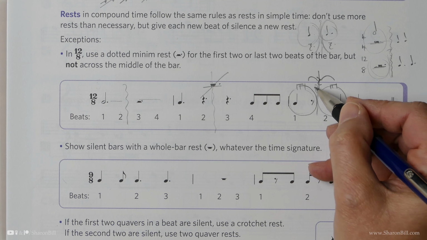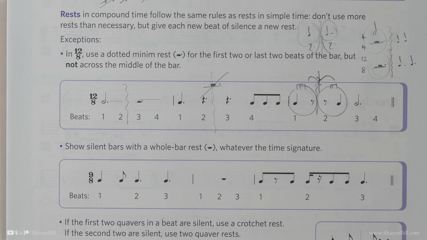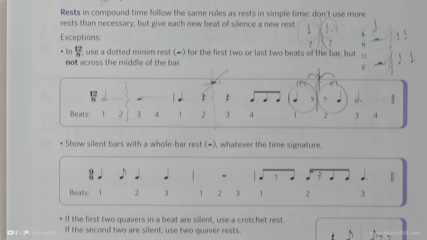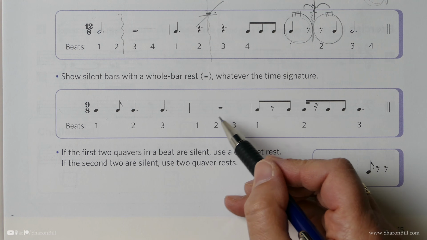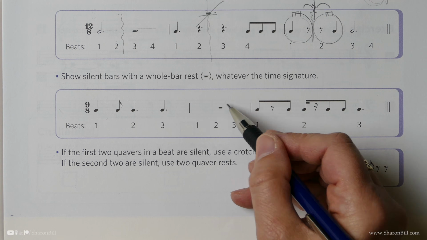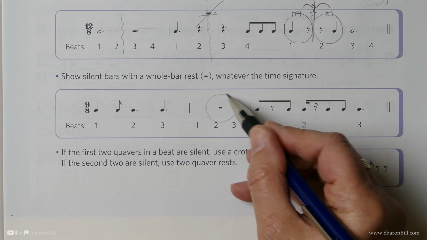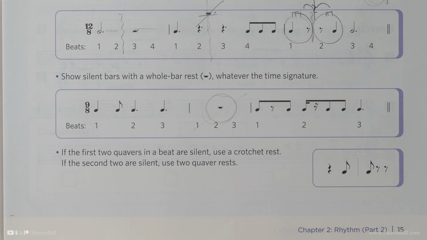We must show the start of each new beat with our rests. However, if it's complete bars silence, we don't worry about whether it's a dotted semibreve or a dotted minim or anything. It's still just this semibreve rest, the shortcut for a complete bar's silence.